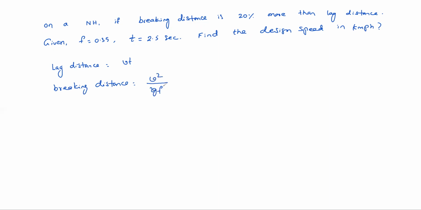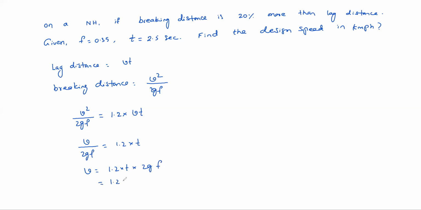So according to this statement, braking distance, V square by 2gf, equals 20% more. That means 1.2 times lag distance Vt. So here V and square gets cancelled. So V by 2gf equals 1.2 into t. Substituting here, V equals 1.2 into t into 2gf.